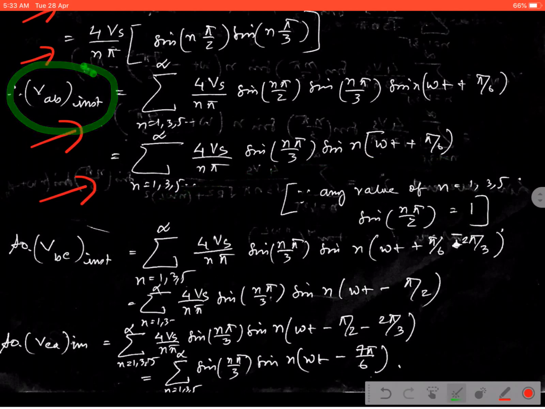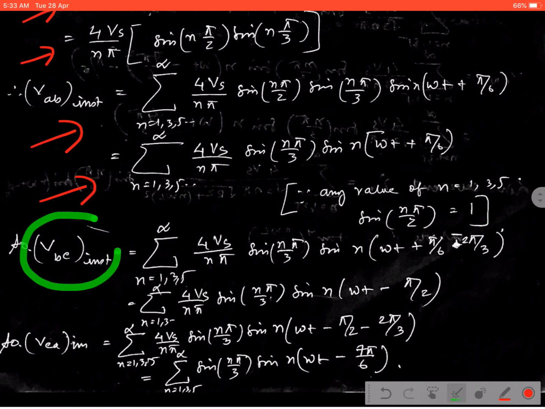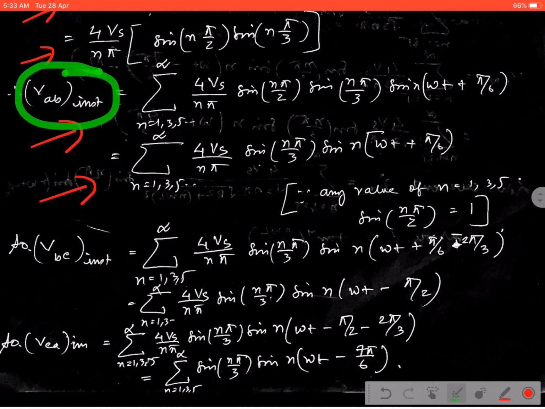Now see the waveform. In the case of VAB, VBC and VCA, they are 120 degrees apart from each other. The difference between all the signals is 120 degrees. That means VBC, the instantaneous voltage, should be 120 degrees lagging with respect to VAB.